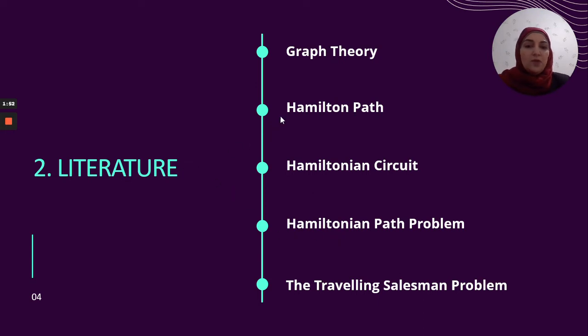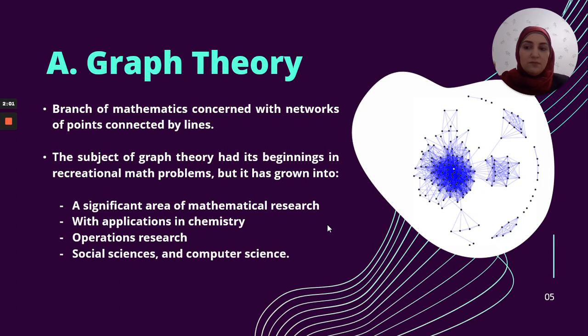As we mentioned, we will talk about graph theory, Hamiltonian path, Hamiltonian circuit, Hamiltonian path problem, the traveling salesman problem. What is graph theory? Graph theory is a branch of mathematics concerned with networks of points connected by lines.